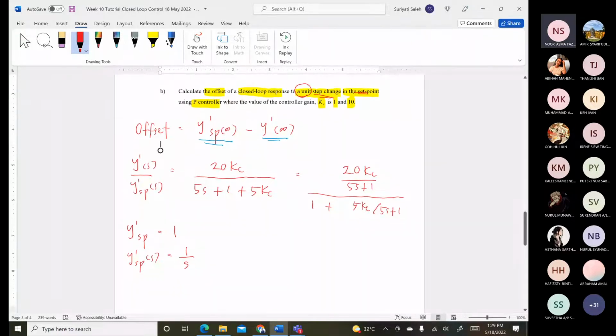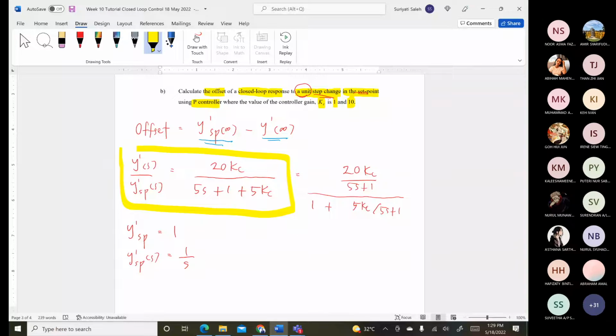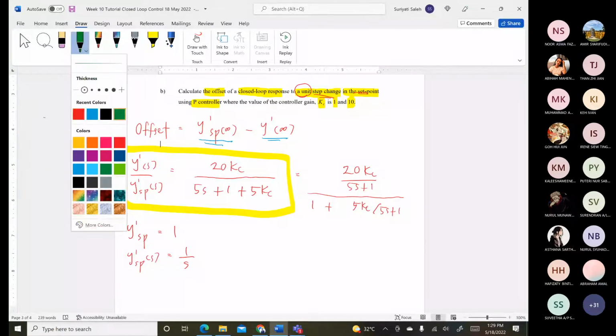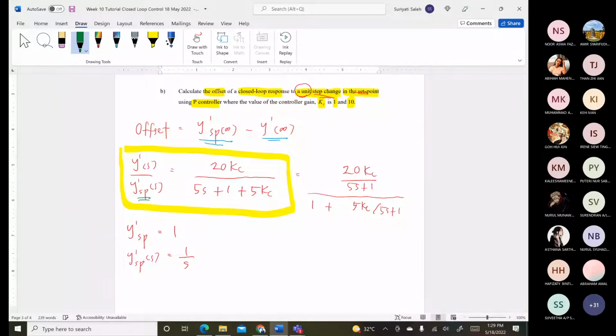So for this part, we have the following equation. So now we have the y prime sp. So this means we can substitute this equation to here.